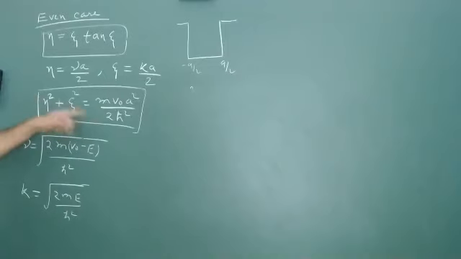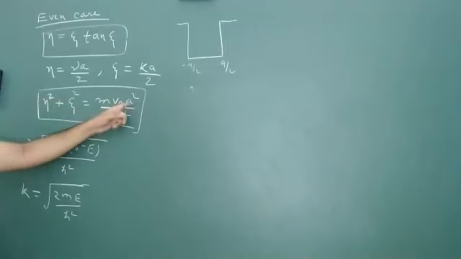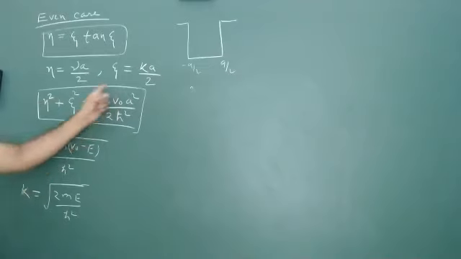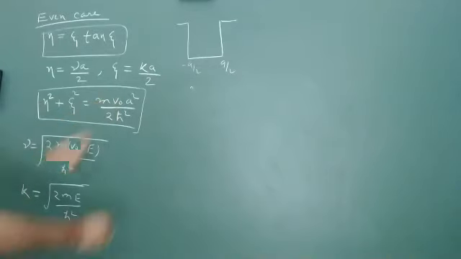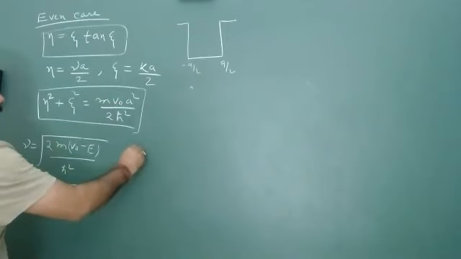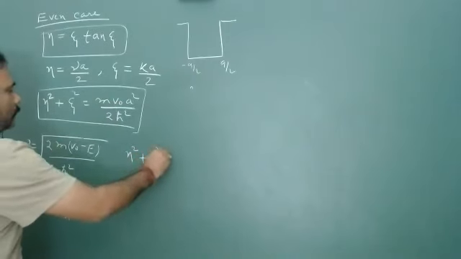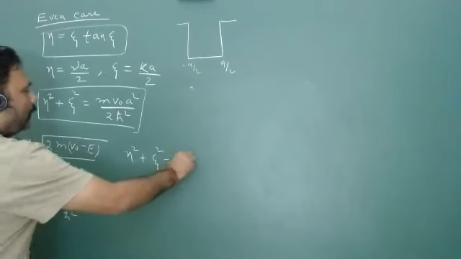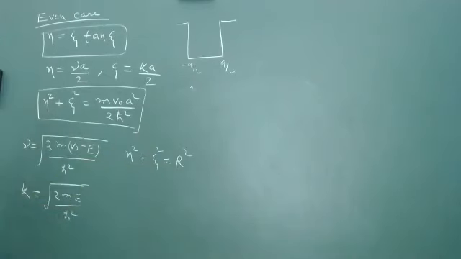You can think that for the given value of a and v naught, this value is constant. So I can write this as eta square plus xi square is equal to, let's say, r square, and this is nothing but the radius of a circle in eta and xi. We are going to solve it.